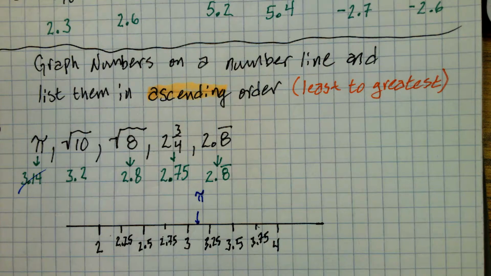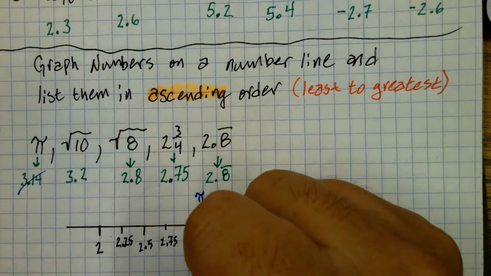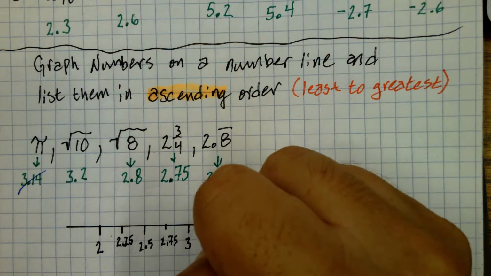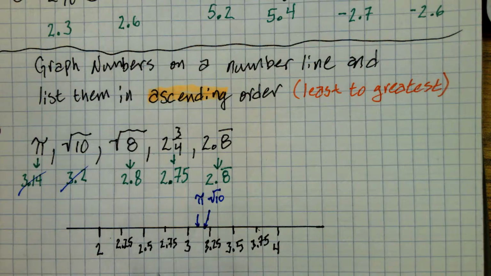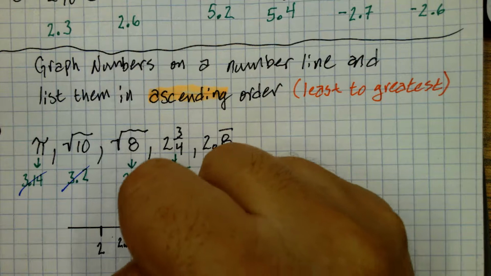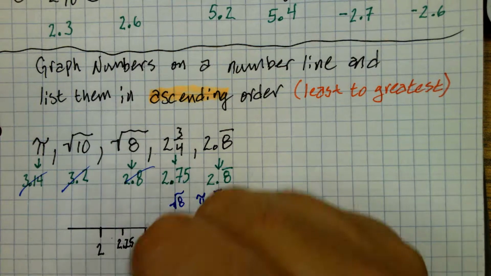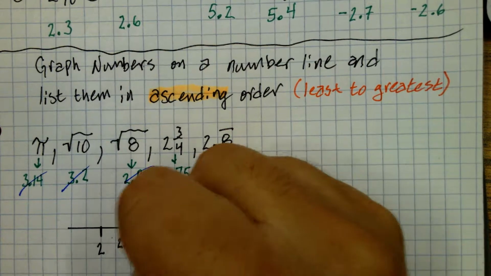Then we want square root of 10. That's 3.2. Let's say it's about here. Square root of 10. Then we want square root of 8, 2.8. Let's find where that is. Well, it has to be more than 2.75, so maybe about here. Square root of 8. 2 3/4 is just 2.75 exactly, so 2 3/4 would live here.